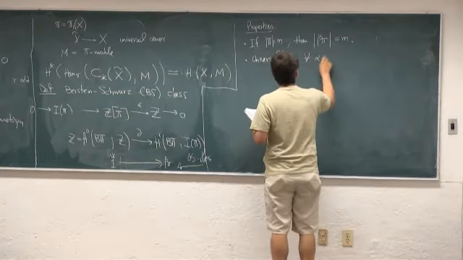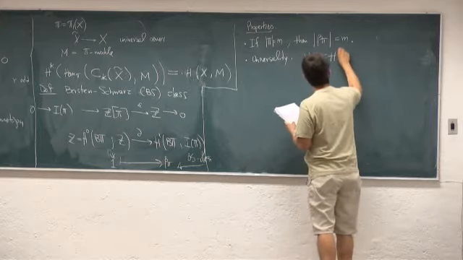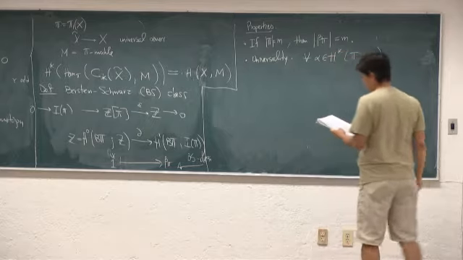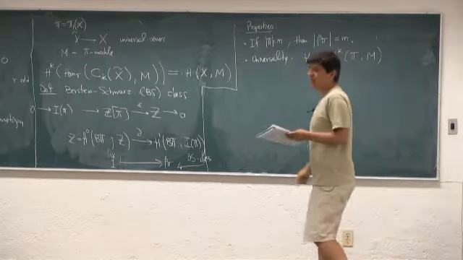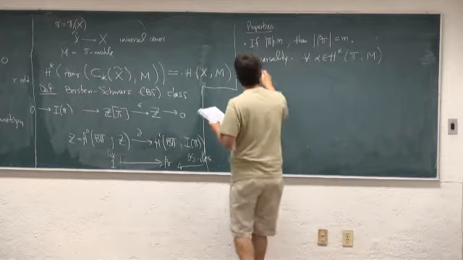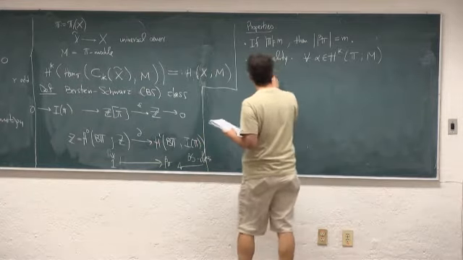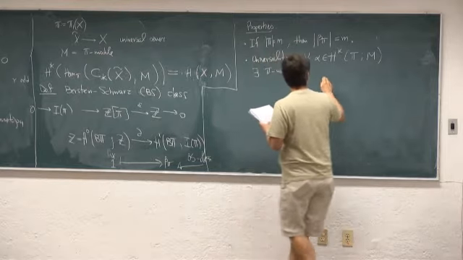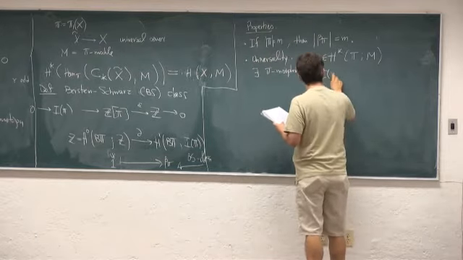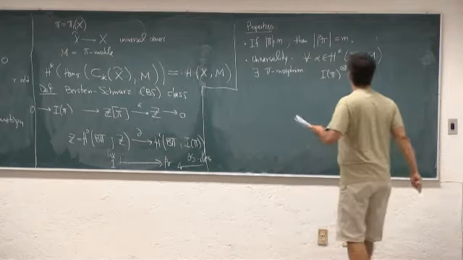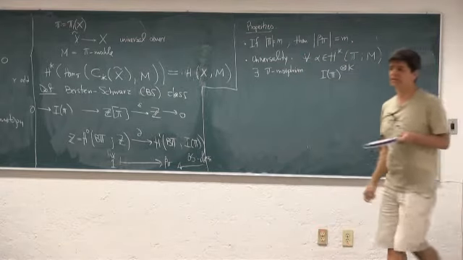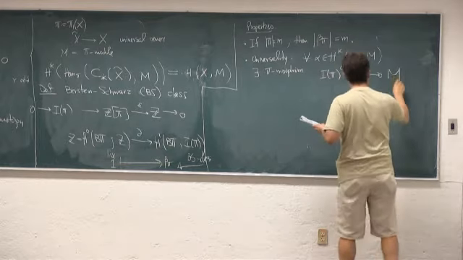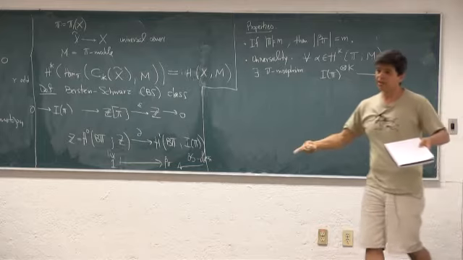Now, the property is the following. For any class alpha in the cohomology, say in dimension k, of our group with coefficients in some pi module M, there is a morphism of pi modules from the k-fold tensor product of this kernel into M, so that in cohomology, sorry.